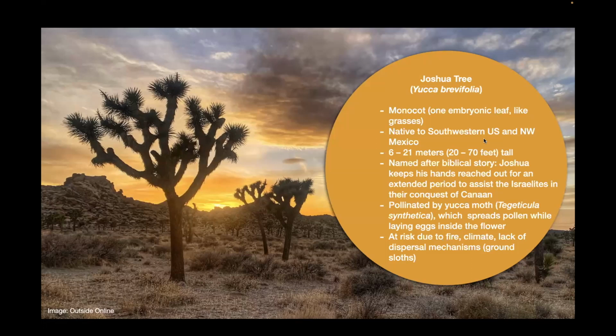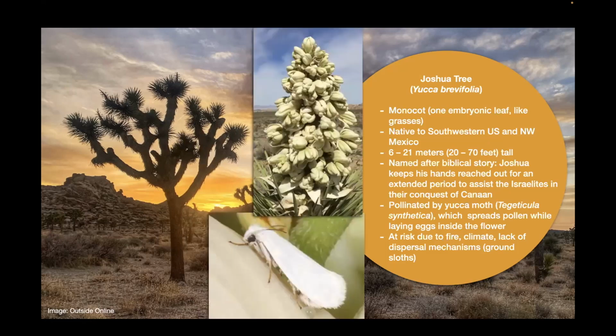But Joshua trees are diminishing rapidly because of increase in fire in their habitat due to climate change. And then some people think lack of the ancient dispersal mechanisms, which were giant ground sloths that ate and dispersed the seeds, so they think recruitment is just not high enough anymore.